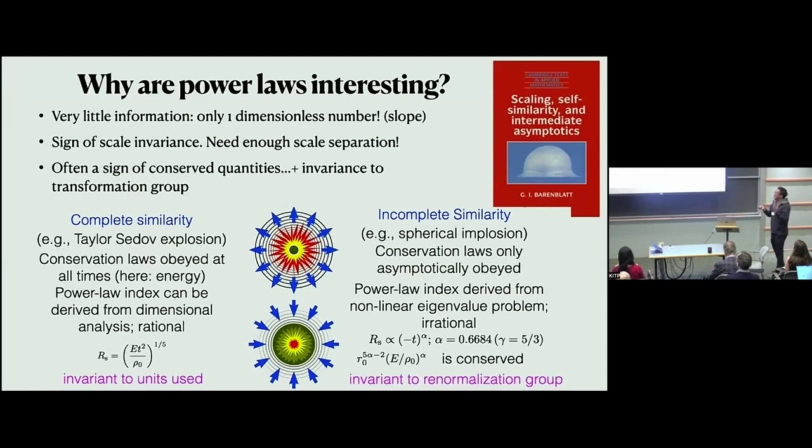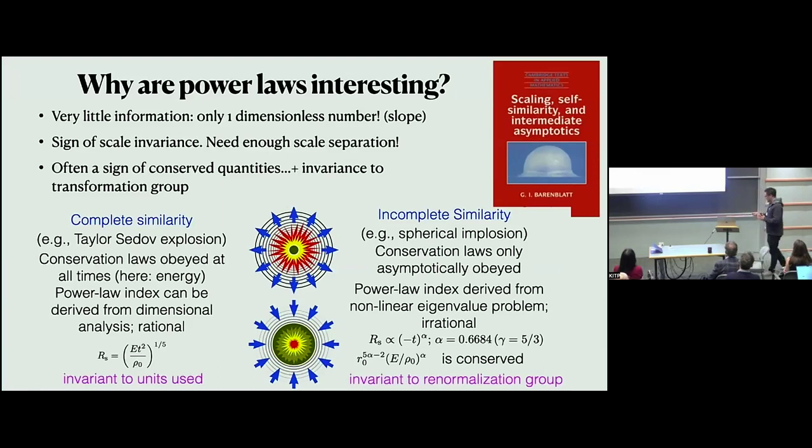To me, the most interesting thing, or at least a motivation, is that power laws are often a sign of conserved quantities, right? And you also need scale invariance. What in the old Soviet school we call intermediate asymptotics, right? You're far from boundaries, and there's some range where you have scale invariant behavior.